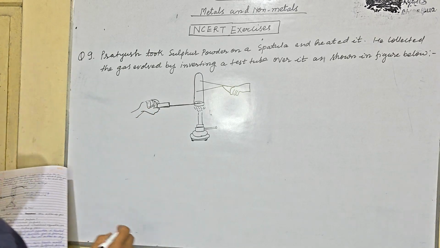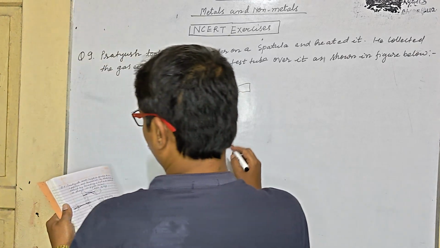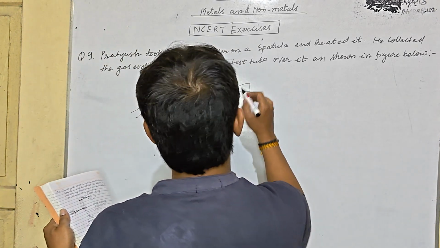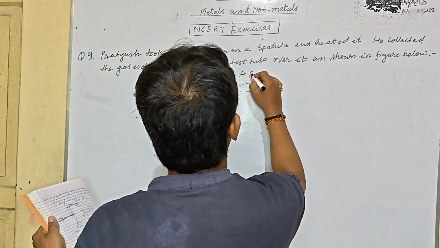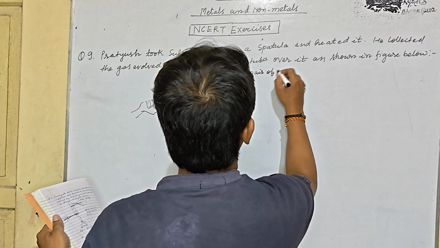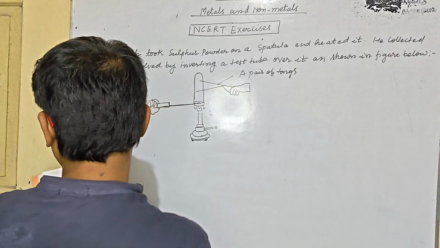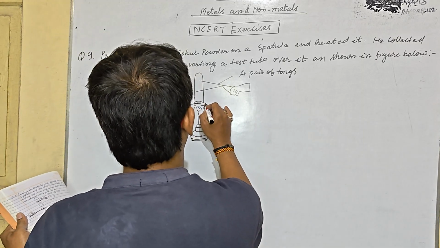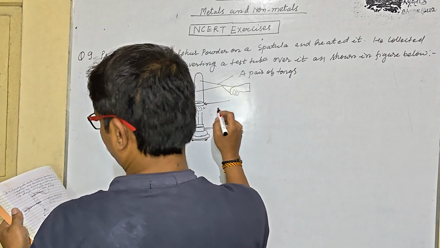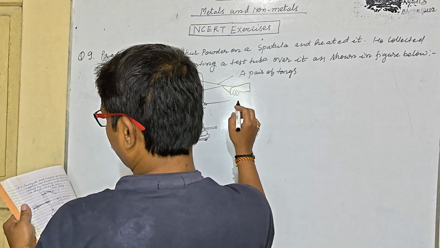These are the arms that they kept, so this is a pair of tongs. The diagram is in the NCERT book in the exercises. This is the spatula containing sulfur powder.